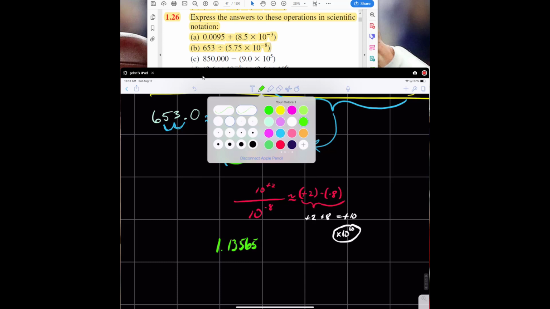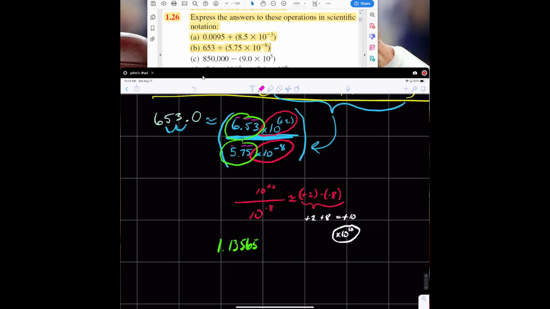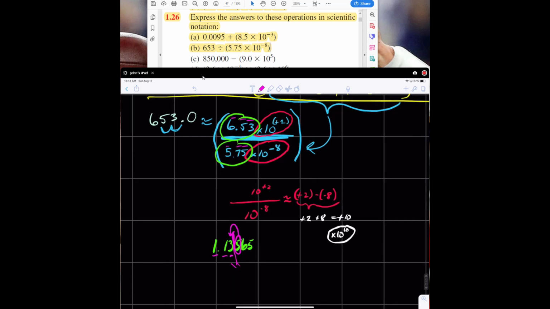when we look at the sig figs, we have 1, 2, 3 in the numerator and 1, 2, 3 in the denominator. So that means that we're going to keep 3 sig figs. 1, 2, 3. Okay? Since we have a 5 right here, that means that we're going to round up the 3 to a 4.